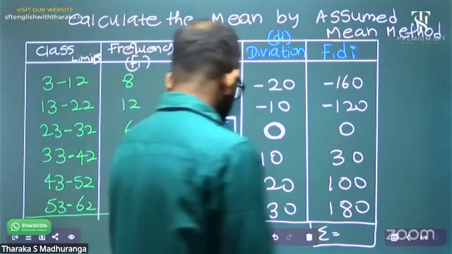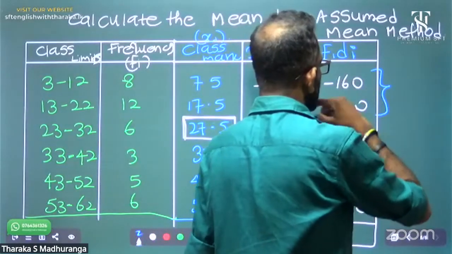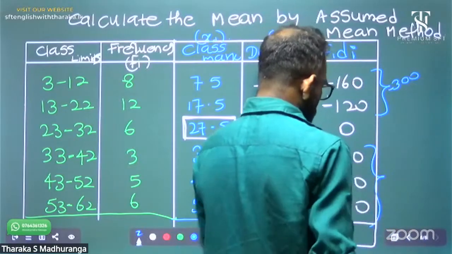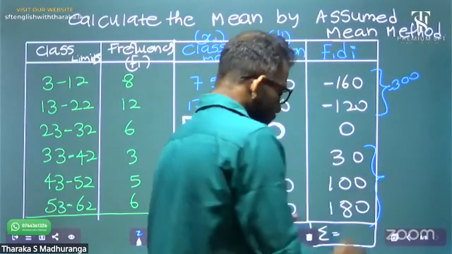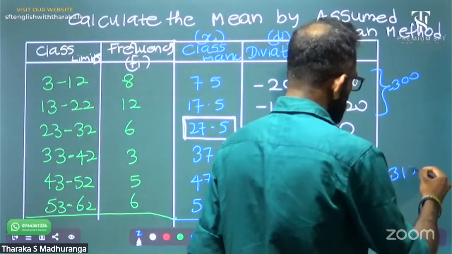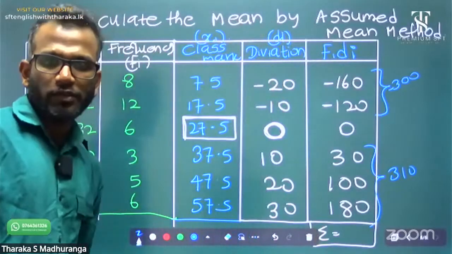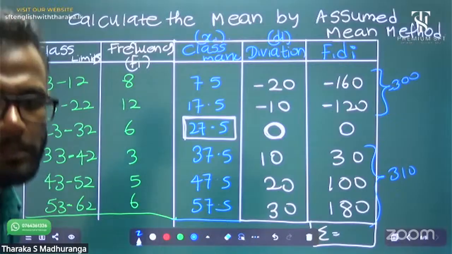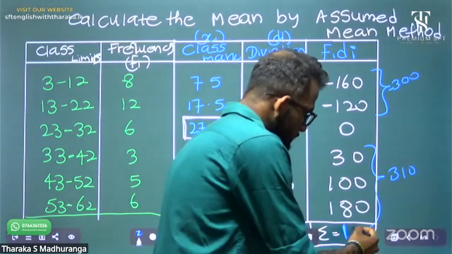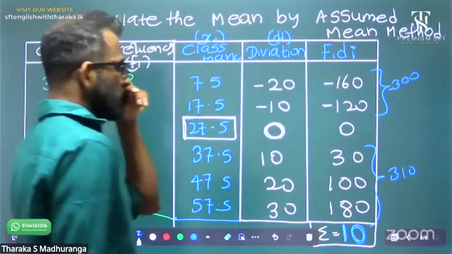Now you can get this sigma fidi. This is the easy method. Minus 160, minus 120, minus 300, and plus 310. Then what is the value? It is plus 10. Please check again.